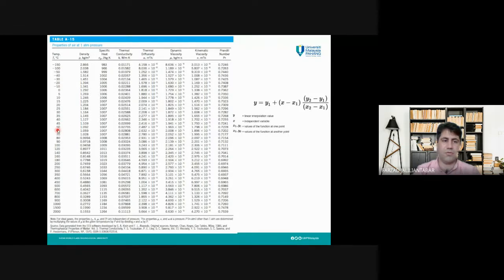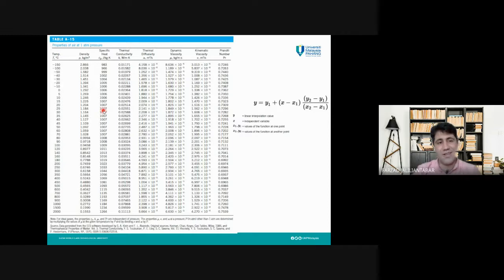57 is between these two, 50 and 60. Let's see how much the specific heat is. If you notice here, 50 is 1007 joule per kilogram Kelvin, and for 60 it is also 1007 joule per kilogram Kelvin. So in this range, from 15 up to 70, the specific heat doesn't change for air.